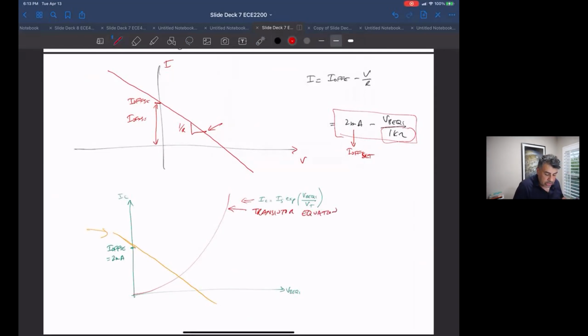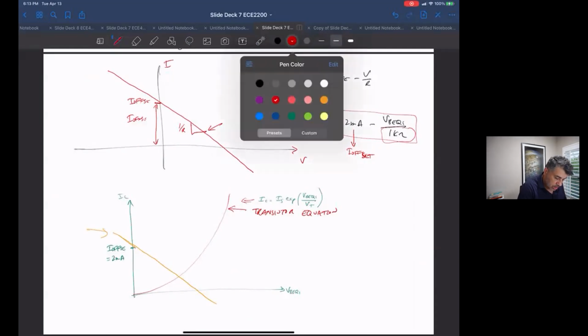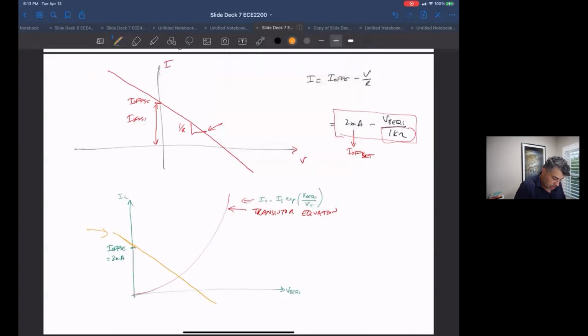That's the relationship between the current and voltage set by the transistor. And this orange line is the resistor equation. That's the relationship between voltage and current set by the resistor.